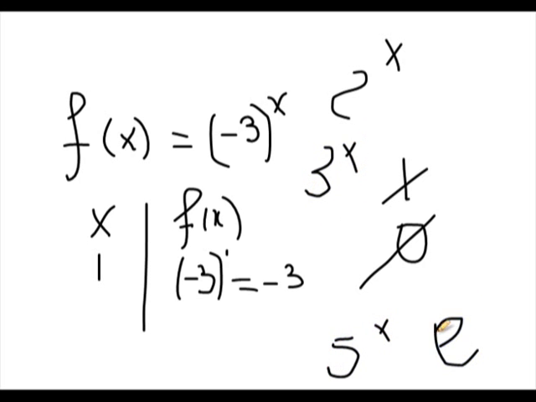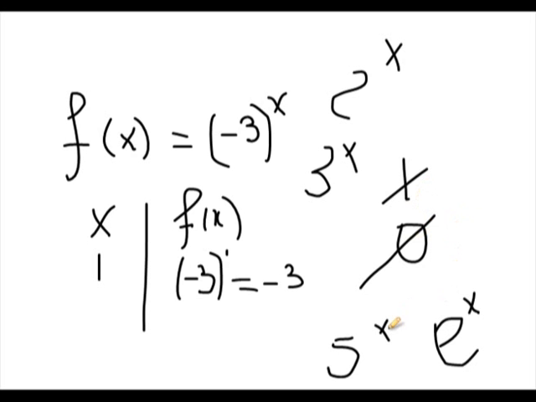Remember, e is a number. Those are different kinds of exponential functions. That means the power, which is the variable, can take any value, but the base should always be a positive number. The base cannot be 1 and cannot be 0.